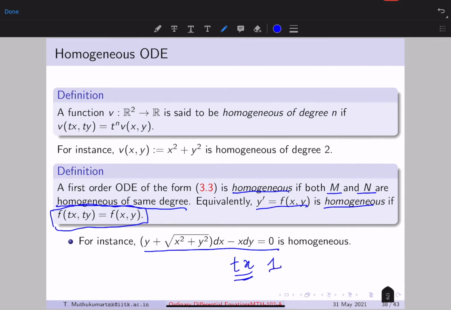In this case N is x, which is homogeneous of degree 1. What about here? This is again dy plus the square root of t squared x squared plus y squared. This t squared will come out as t, so this is again homogeneous of degree 1. So this ODE is homogeneous because the M and N coefficients in the differential form are homogeneous of degree 1.